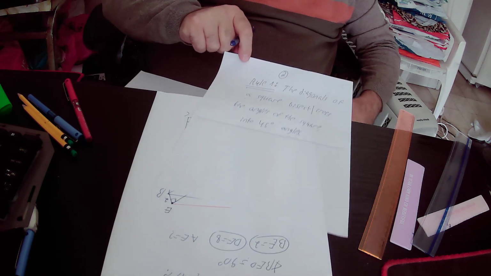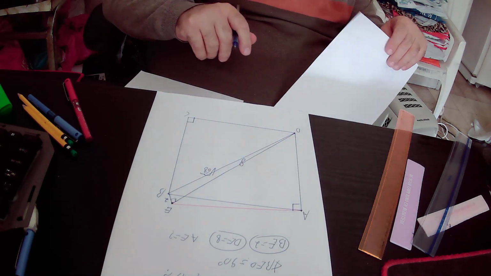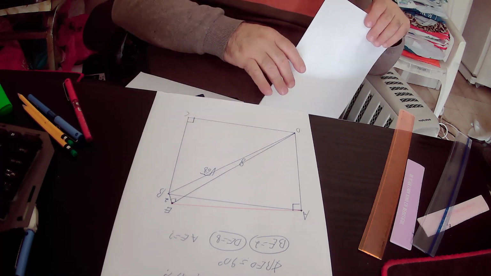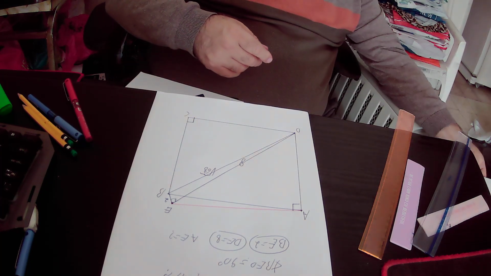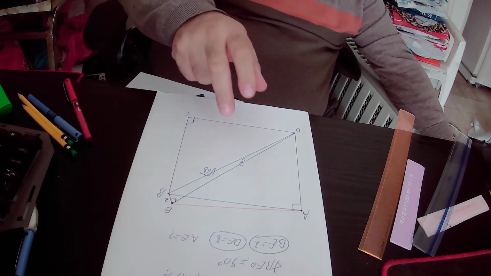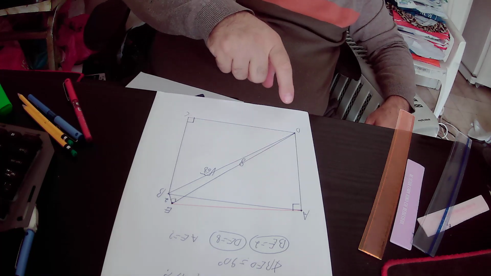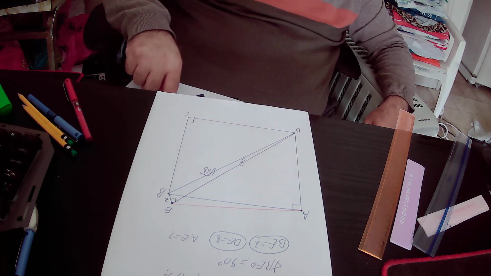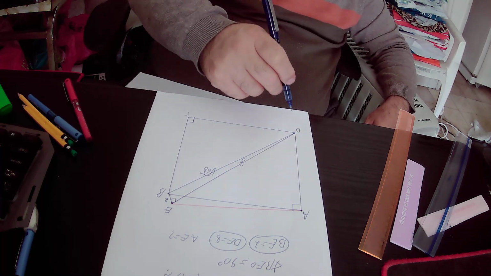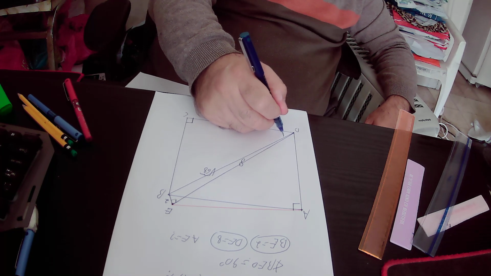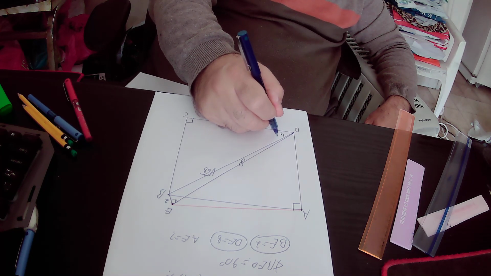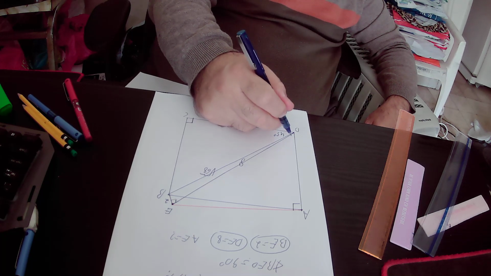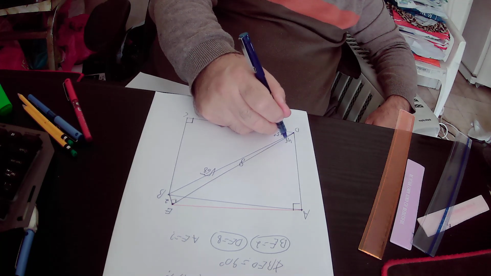So according to rule number 1, in this drawing we have the diagonal DB, and this diagonal DB bisects angle ADC into 45 degrees, so this angle will be equal to 45 degrees, and this angle also will be equal to 45 degrees.